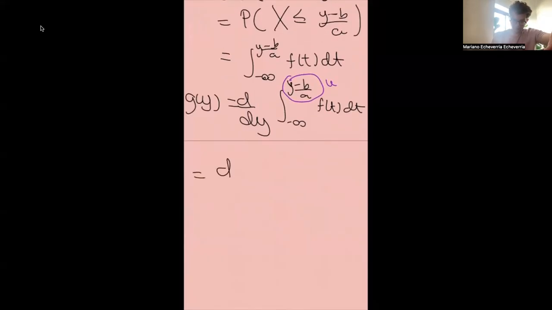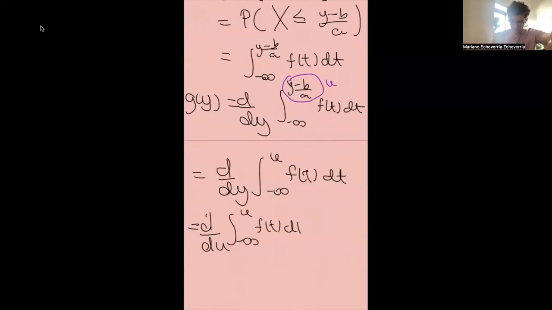So you are finding the derivative with respect to y of the integral from minus infinity to u of f of t dt, and then you apply the chain rule. This is the derivative with respect to u of the integral from minus infinity to u of f of t dt, times the chain rule, which is du dy.